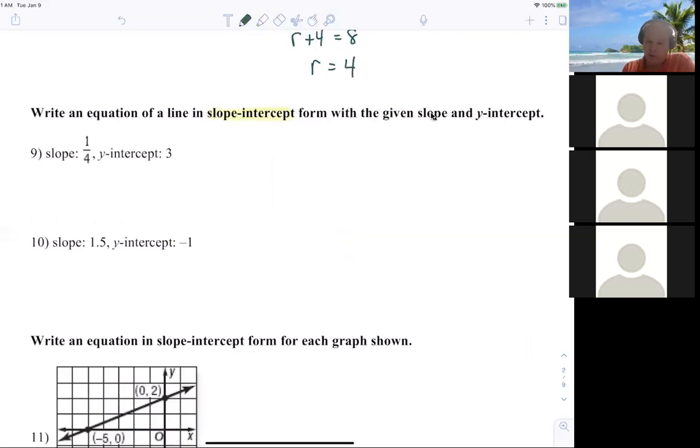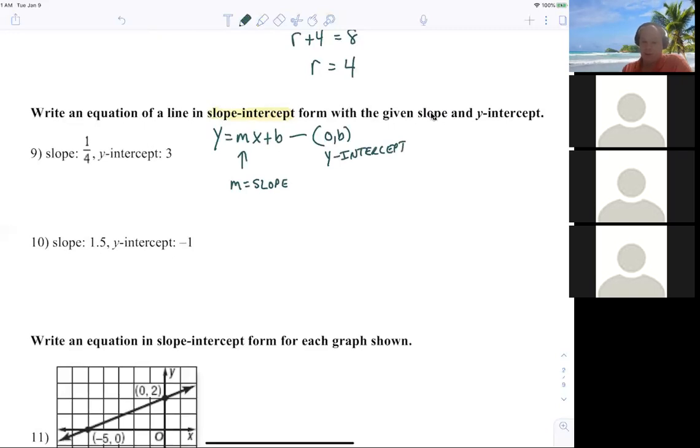So I want everybody to write underneath slope-intercept, y equals mx plus b. Don't forget, m, obviously we talked about it already, represents the slope, and b represents the y-intercept, 0b, which is called the y-intercept.